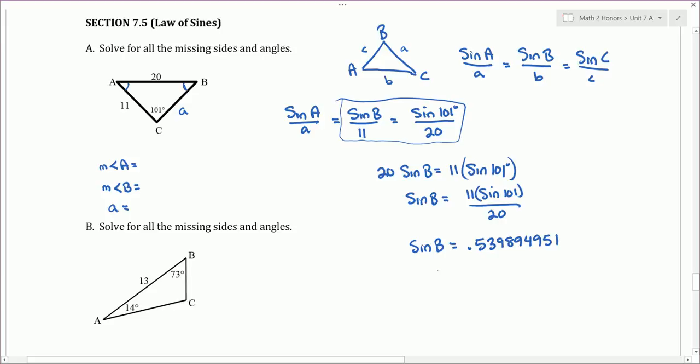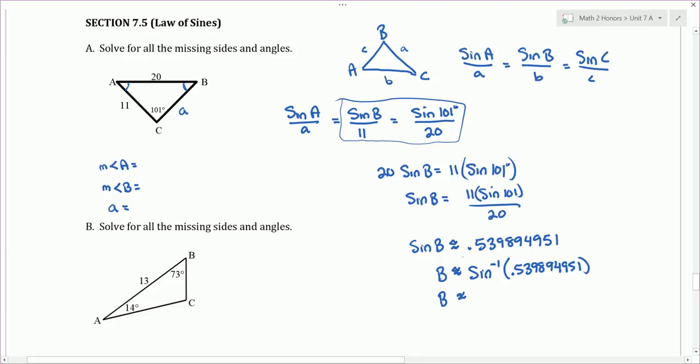So to get B by itself, I need to take the inverse sine of this. And we're going to get an approximate value here. This is already an approximate value we're working with.